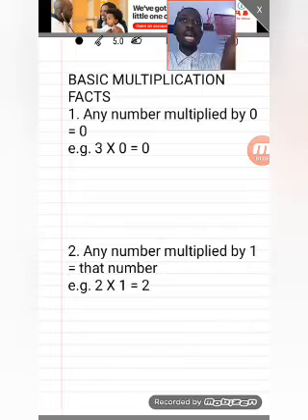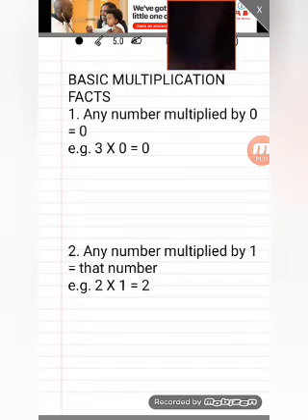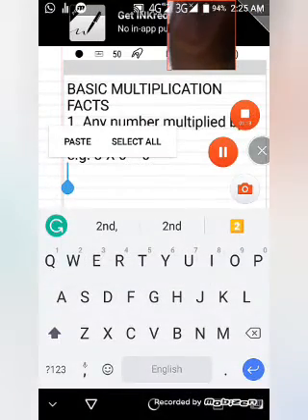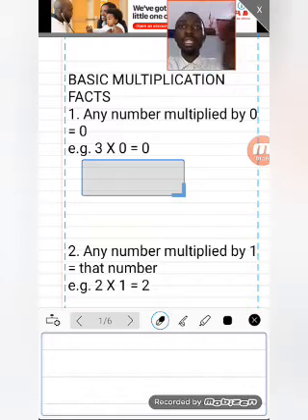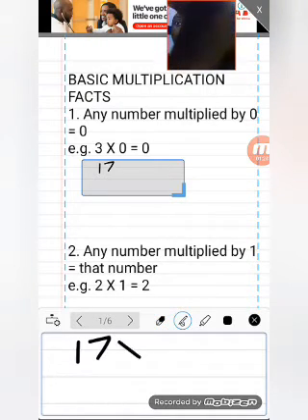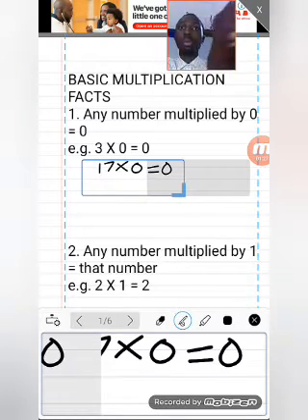You can see now we have an example, 3 times 0. 3 times 0 is 0. Same thing, let's say you have 17. Even if it's 17 multiplied by 0, it is still 0.